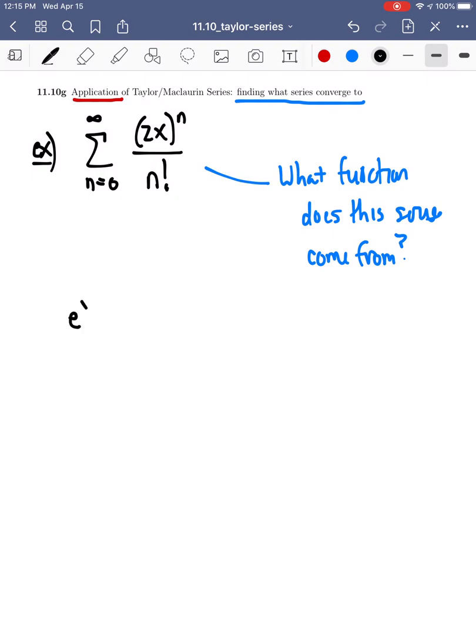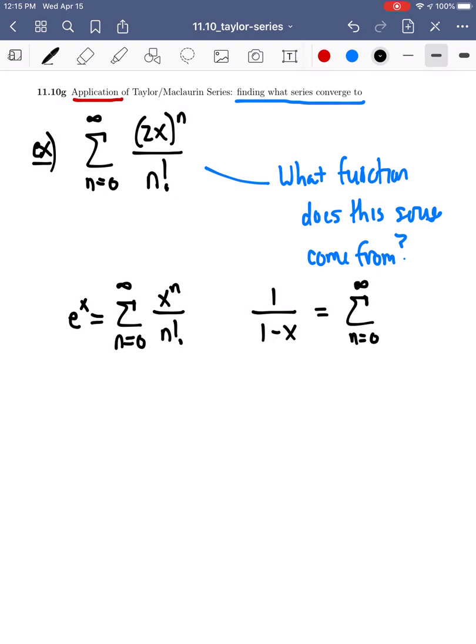For example, we have e to the x, whose Taylor series is from n equals 0 to infinity of x to the n, all over n factorial. We have 1 over 1 minus x, whose Taylor series, or power series representation centered at 0, is just x to the n from n equals 0 to infinity, and then we have our friends sine and cosine.